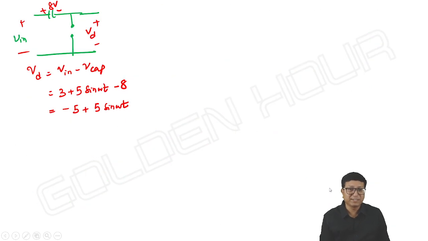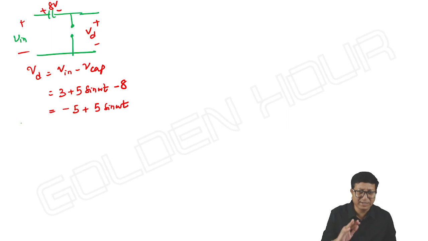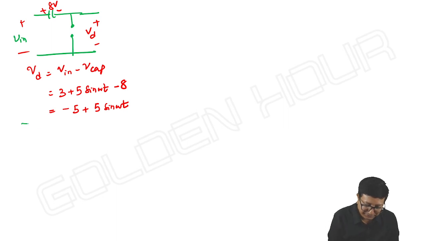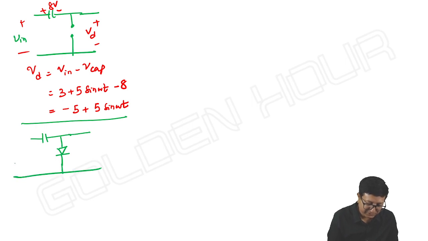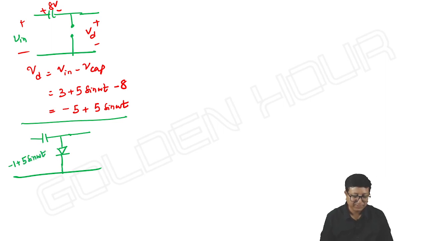One more case I'm taking. It's a standard output. That's it. Okay. I'm taking a clamper in which my input is -1 plus 5 sin omega t. -1 or -2, anything we can take. Then what about the output?